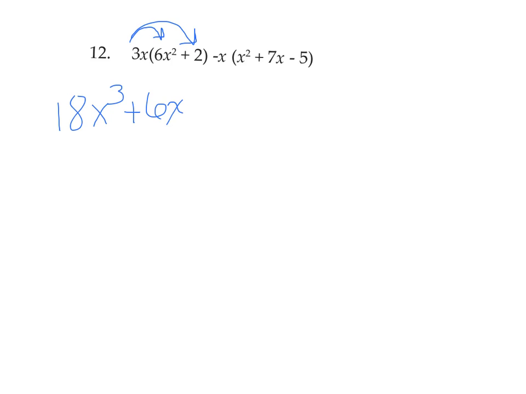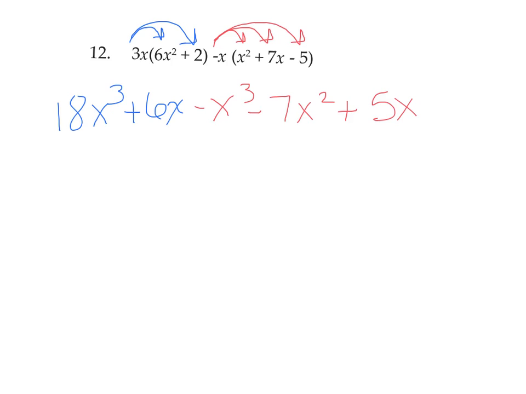And then we're going to distribute negative x times x squared is negative x cubed. Negative x times 7x is negative 7x squared. Negative x times negative 5 is positive 5x because it's a negative times a negative.